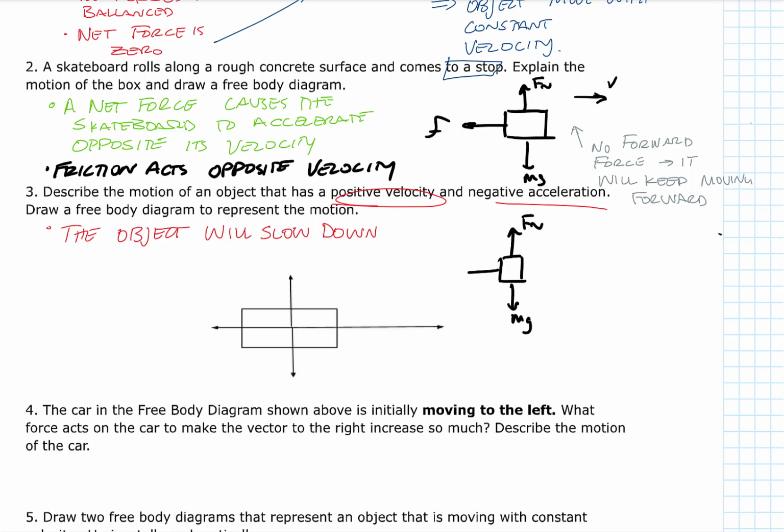We've got the weight down. We've got friction backwards. This object, and then velocity is going to be in this direction. It's moving forward. But again, velocity is not a force, so that object will slow down and stop. The net force is opposite the velocity. The object's going to slow down and stop.